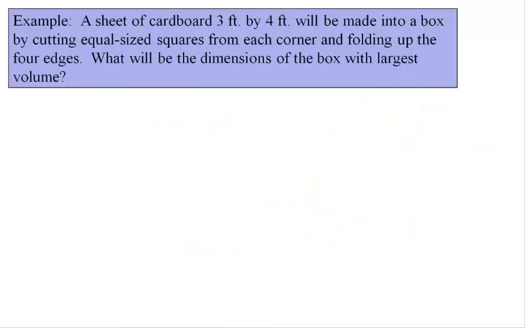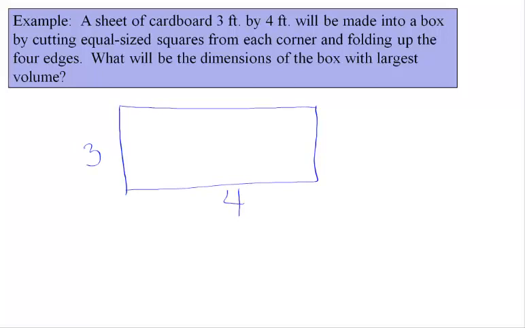So let's work this example. A sheet of cardboard 3 foot by 4 foot. I'm going to start drawing a picture as we go here. A sheet of cardboard 3 foot by 4 foot will be made into a box by cutting equal-sized squares from each corner, and folding up the 4 edges.